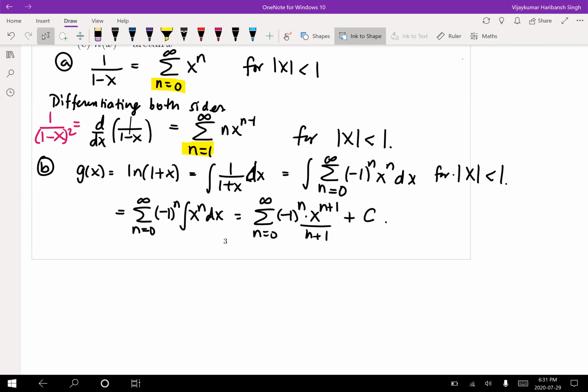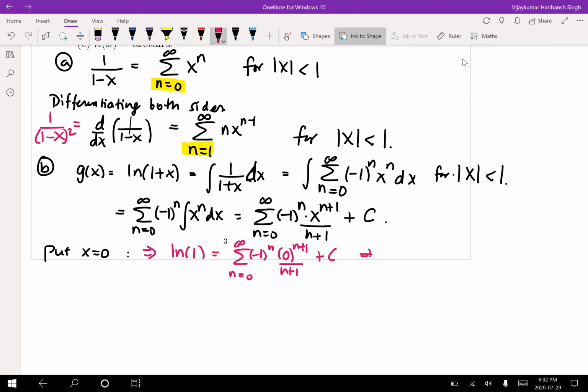For that, notice if we put x equals 0, this will imply ln of 1 is equal to summation n equals 0 to infinity minus 1 to the power n, 0 to the power n plus 1 upon n plus 1, plus c.